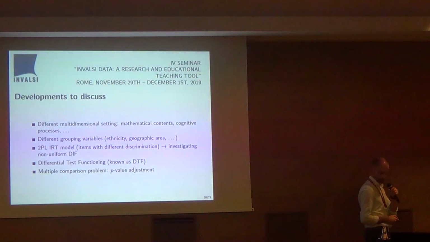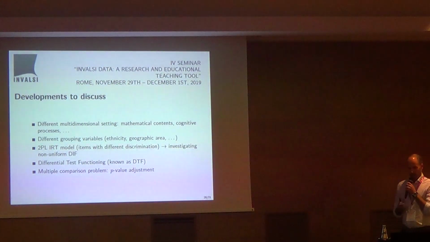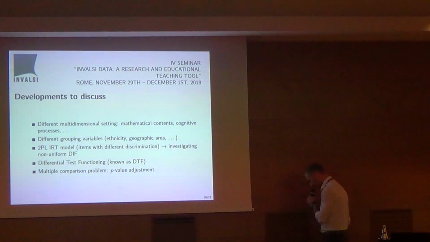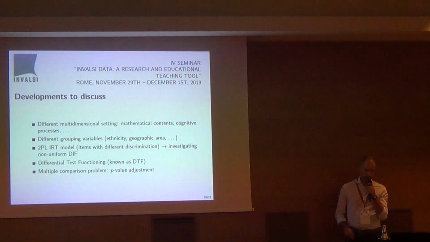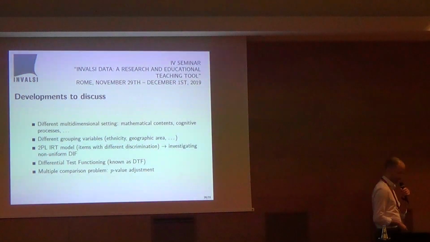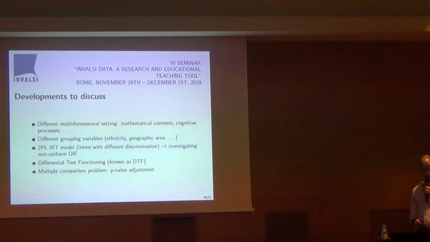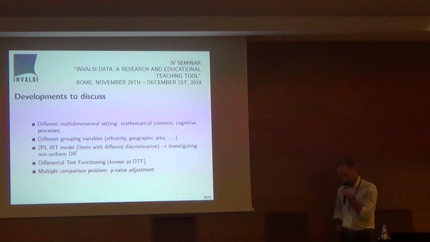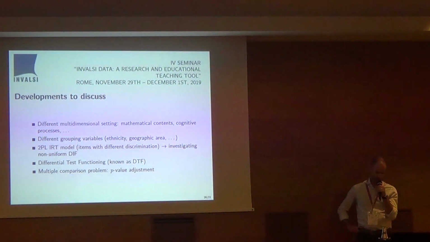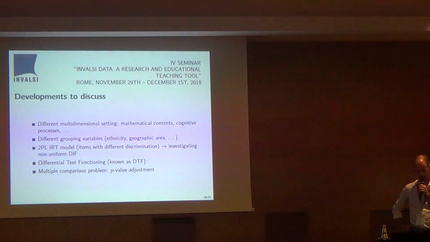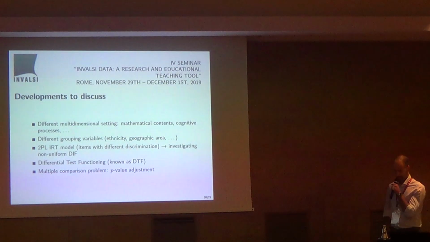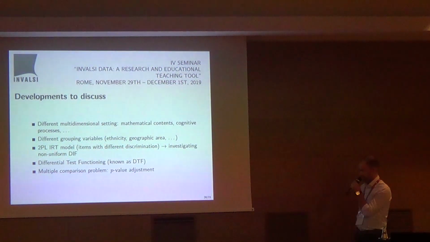Okay, last slide. We have many points to discuss because this work can be extended in several directions. For example, we can consider a different multidimensional structure for the data, for example by considering the contents and the cognitive processes, or we can consider different grouping variables such as ethnicity or geographic area.